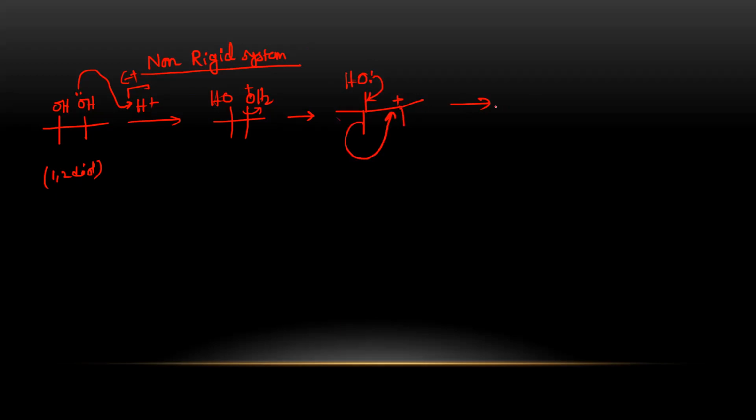Where both are methyl, one group will migrate and my product will be C double bond O. Then H+ will be removed, so we have a double bond to O and three methyl groups: two methyl groups were already there and one is this migrated methyl group. The name of this compound is Pinacolone.